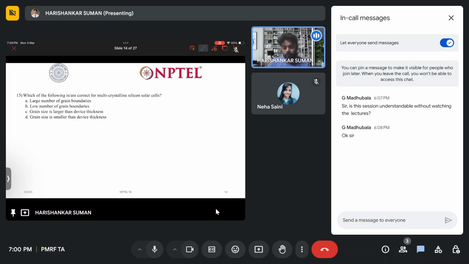Okay, next question. Which of the following is/are correct for multicrystalline silicon solar cell?